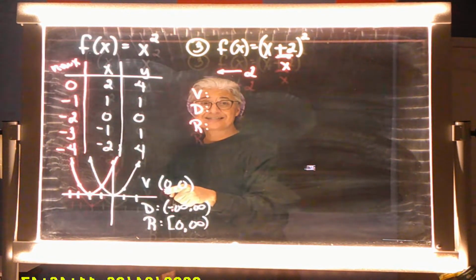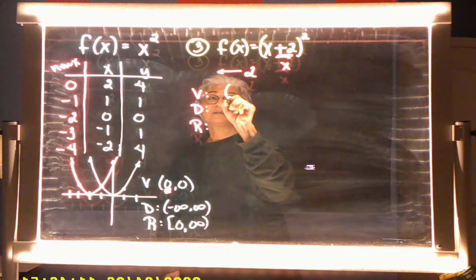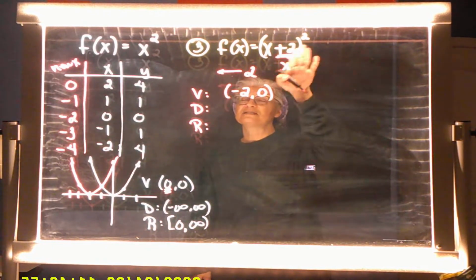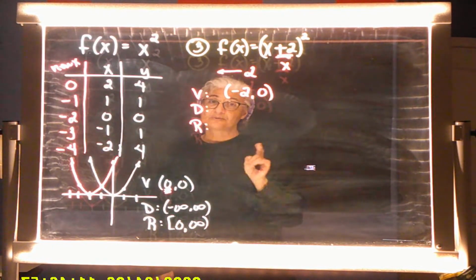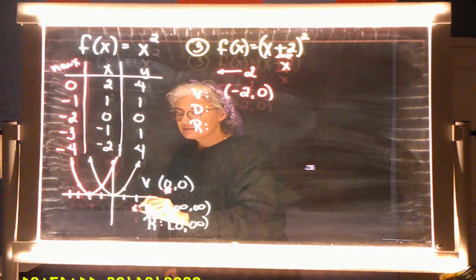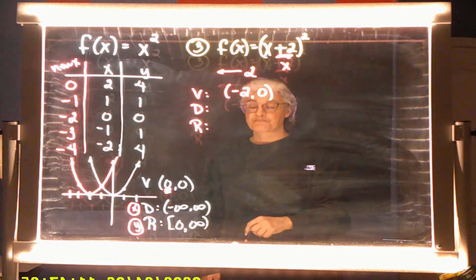So is the x still going to be 0? No, the x is going to be negative 2. The y will still be 0 because nothing's affecting the y's here. With me? Okay. Remember, the domain is referring to x's, the range is referring to y's, isn't it?